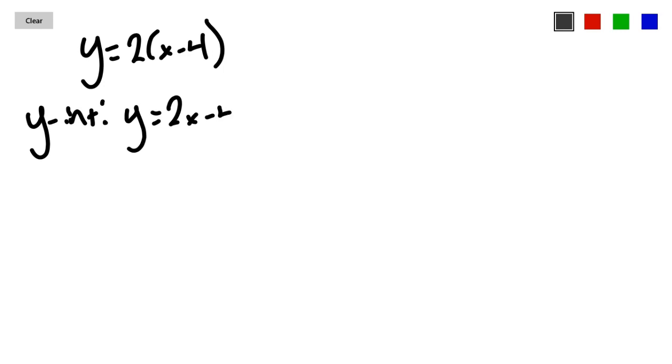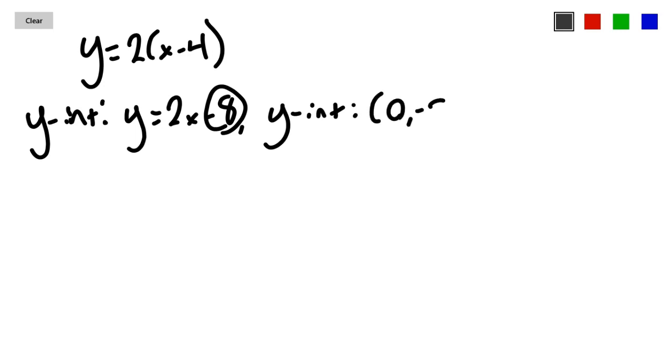Let me just edit that, minus 8. And then for the y-intercept, I set x equal to 0. And since this is in slope-intercept form, I know that my y-intercept is going to be 0, comma, that point. So I have 0, comma, negative 8 for my y-intercept.